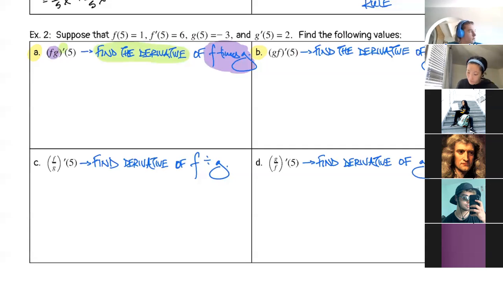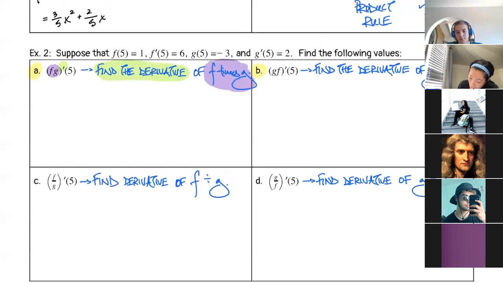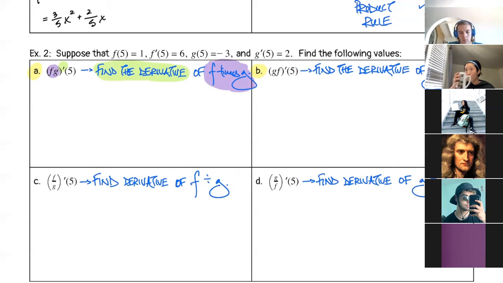All right, so let's go back to A for a moment. If I say find the derivative of F times G, what rule am I asking you to use? Yeah, product rule, right?